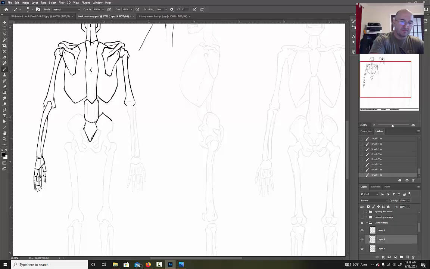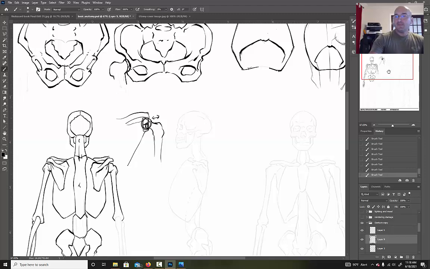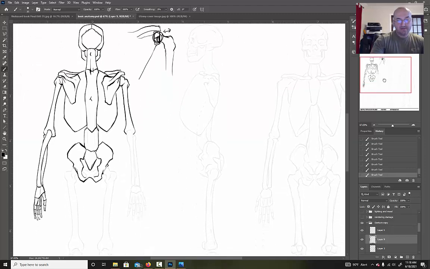I'm going to go through getting the hips drawn in pretty quickly. So the other thing that we need to remember when we're drawing the pelvic bones is the little loops that you see in the back, these little guys down here, where they sit.